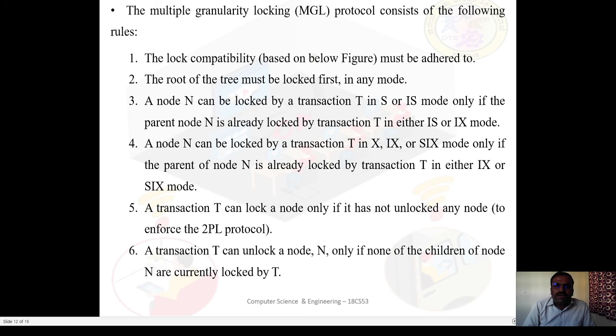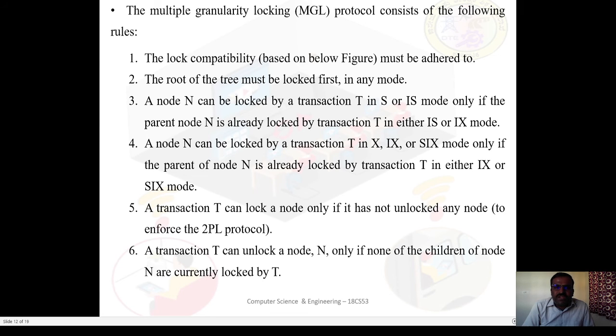Now the multiple granularity locking (MGL) protocol consists of the following rules. What are the rules of multiple granularity locking? The first rule: the lock compatibility based on this figure must be adhered to. It must be compatible.